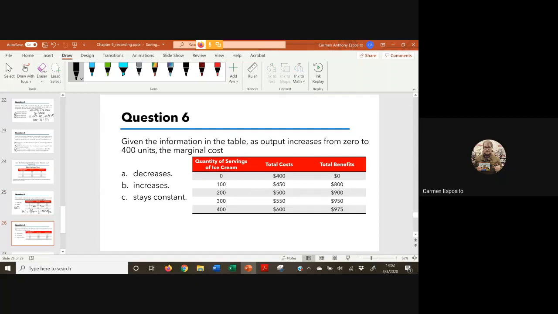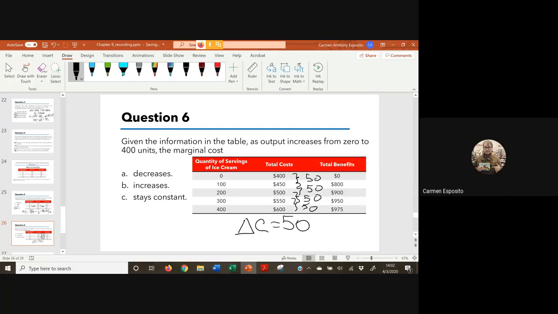So going from 0 to 400 units, what's happening with marginal cost? Well, here the change in cost is 50. From here, the change in cost is 50. From here, again, it's 50. From here to here, it's 50. And so the change in cost is just 50.